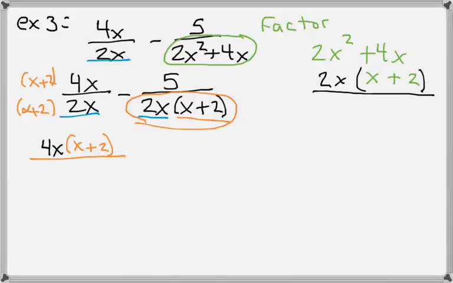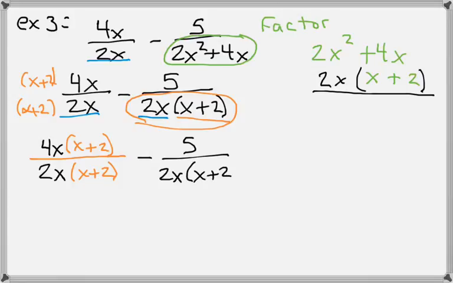And all of that is now over my 2x and what we just multiplied by, our x plus 2. Then we had our minus, copy down our fraction. We have a 5 over a 2x, x plus 2.